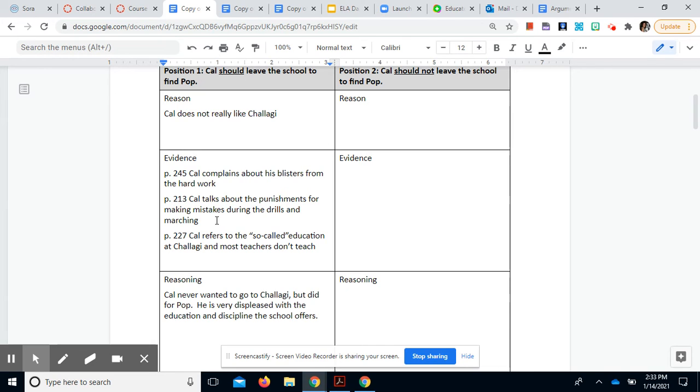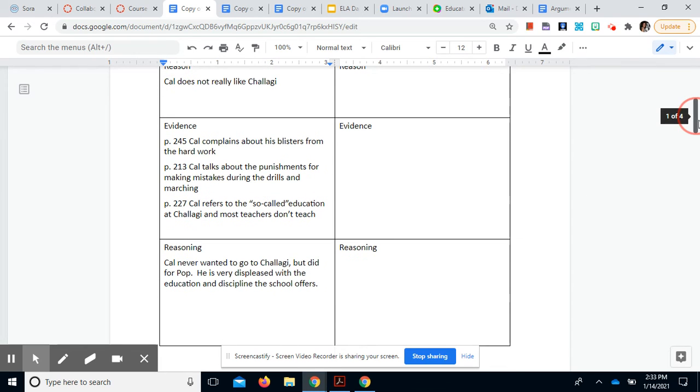Cal talks about the punishments for making mistakes during drills and marching. Cal refers to the so-called education at Challagi and that most teachers don't teach. And putting that together, our reasoning is that Cal never wanted to go to Challagi, but he did it for Pop, and he was displeased with the education and discipline that he received at the school.